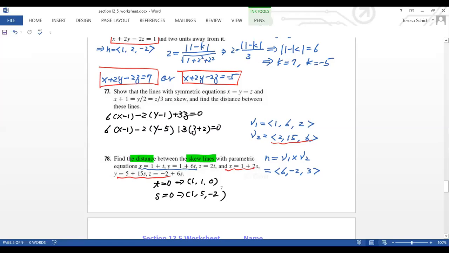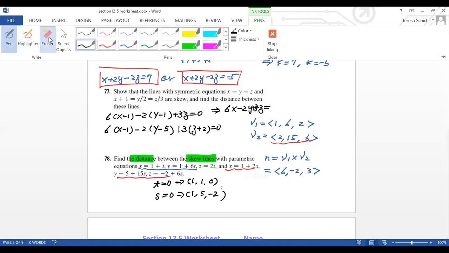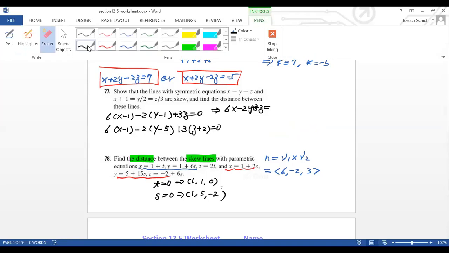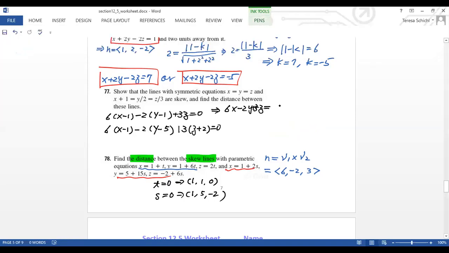Now you simplify that, and the equation will be 6x minus 2y plus 3z equal to -4. And for the other one, 6x minus 2y plus 3z equal to -10, right?